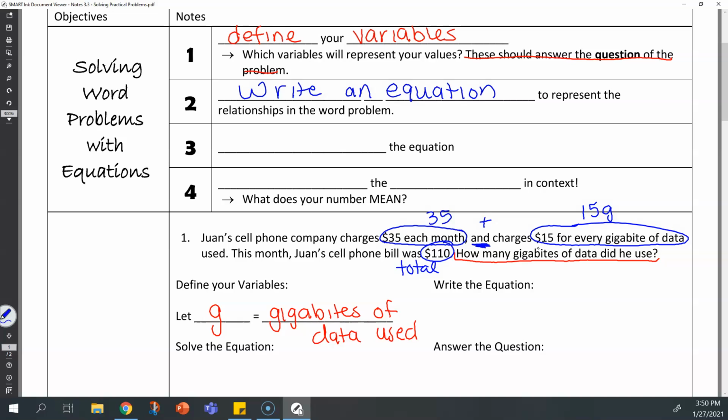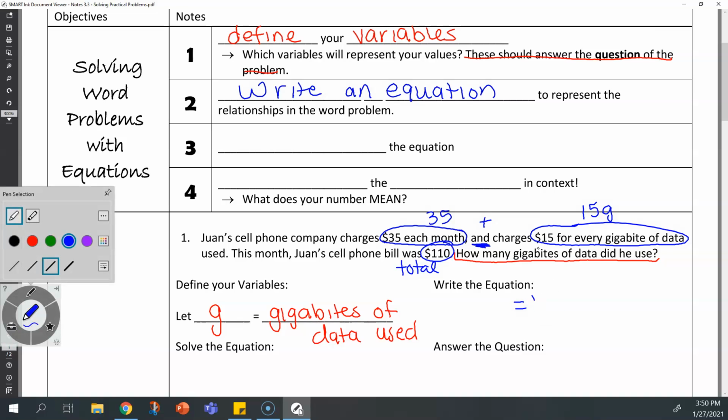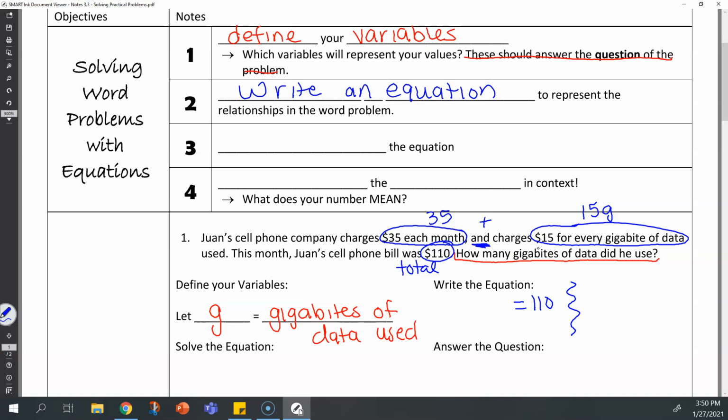I personally prefer my total to be over here on the right side of the equation. But the configuration of your equation may look different than mine, and I'm going to talk about that here in just a second. No matter how you write your equation, though, your 110, your total, should be all by itself on one side of the equal sign. Okay, your total should be by itself.